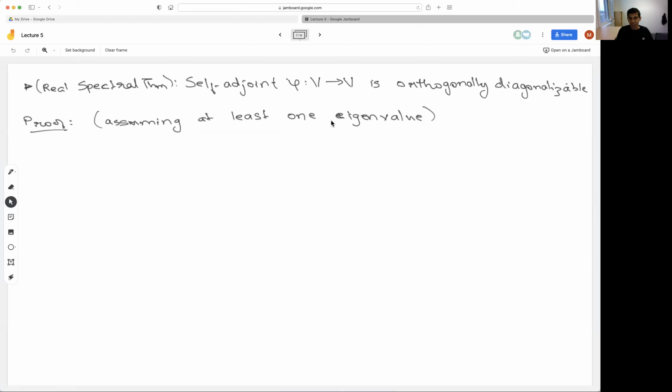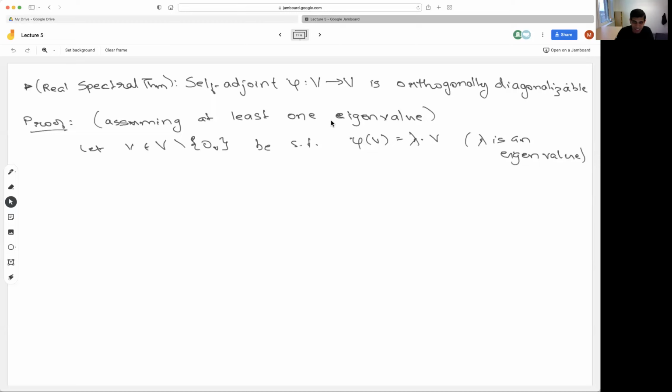Because there is at least one eigenvalue, there is an associated eigenvector, because the definition of eigenvalue requires a non-zero v such that phi of v is equal to lambda times v, where lambda is an eigenvalue, which we assumed exists.